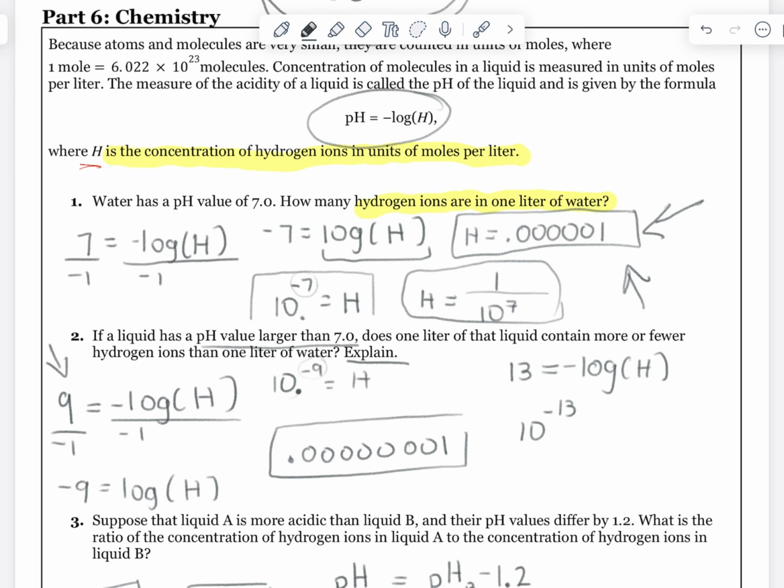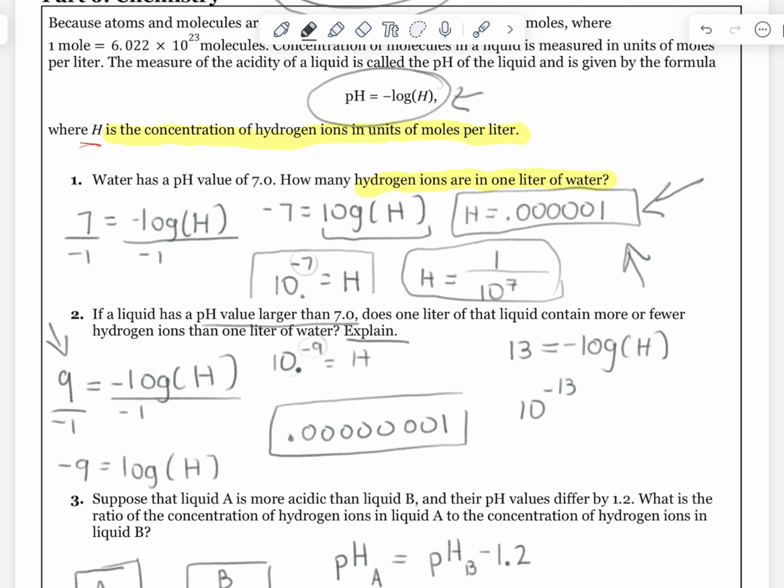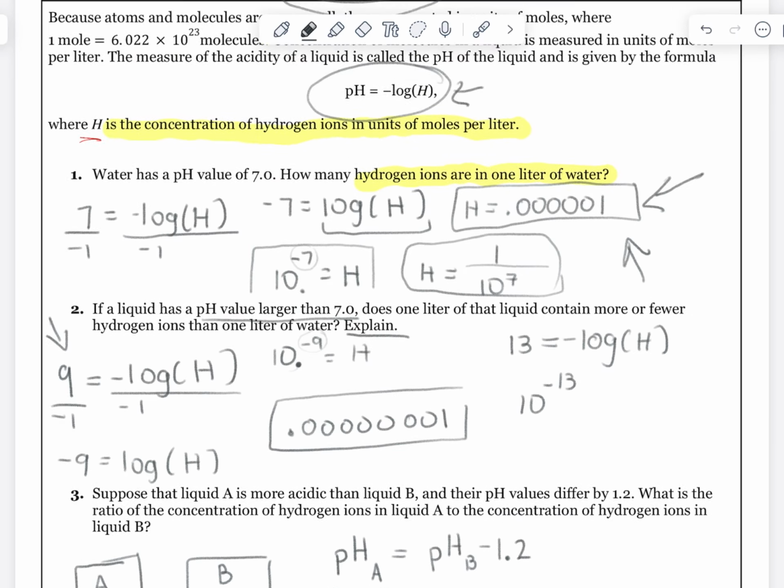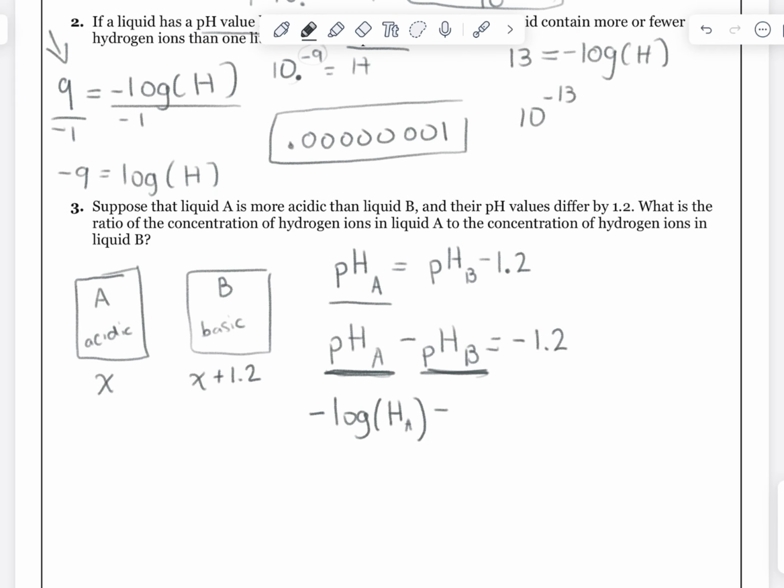Well, I know that pH of A is going to be the same thing as negative log of H sub A. So replace this whole thing with negative log of H, and I'm going to put a little subscript with the letter A so that I know that it refers to liquid A. Okay, minus, replace all of this with negative log of H sub B. Okay, can we simplify things a little bit?